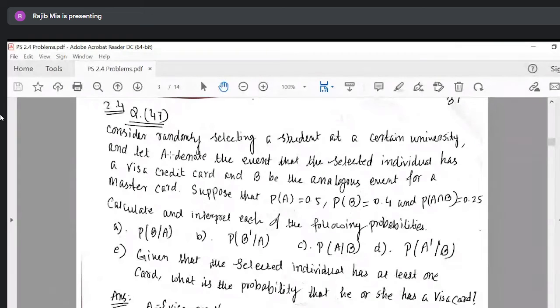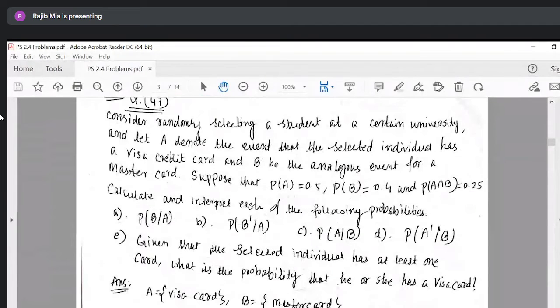Sir, if the event has happened and we have to find at least, then it will be the probability of A upon probability of A union B. You're talking, sir, about this last part? Yes, sir. Given that the selected individual has at least one card. At least one card means what is the event for them?